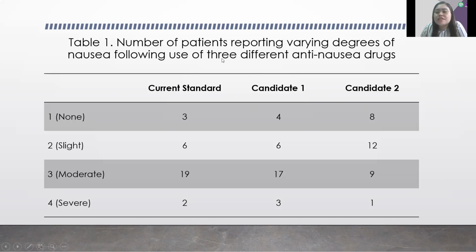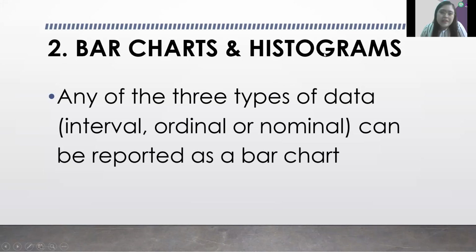And actually, it does not end here if you're going to make your thesis, because after the tabular presentation, you have to have a textual presentation also, meaning you have to explain what is in the table also. So again, our goal is to convey our results to our audience.